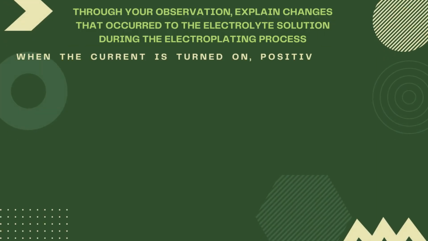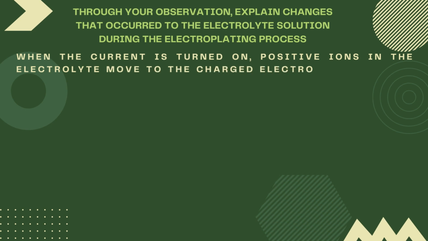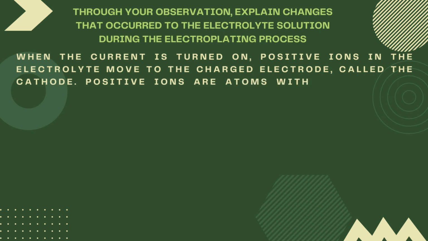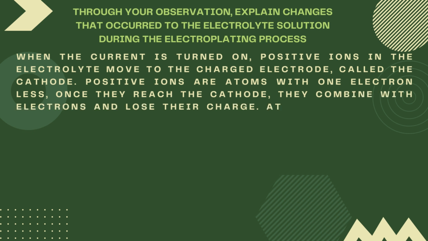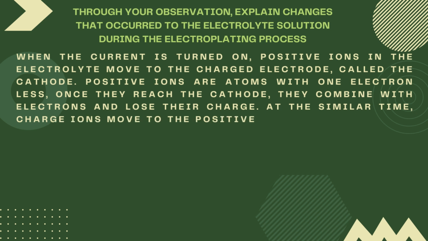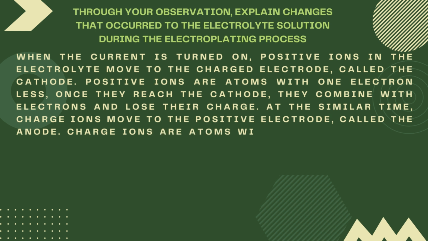Through your observation, explain changes that occur to the electrolyte solution during the electroplating process. When the current is turned on, positive ions in the electrolyte move to the charged electrode, called the cathode. Positive ions are atoms with one electron less.